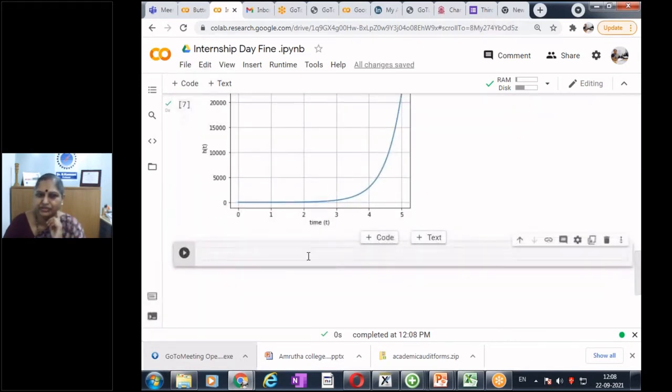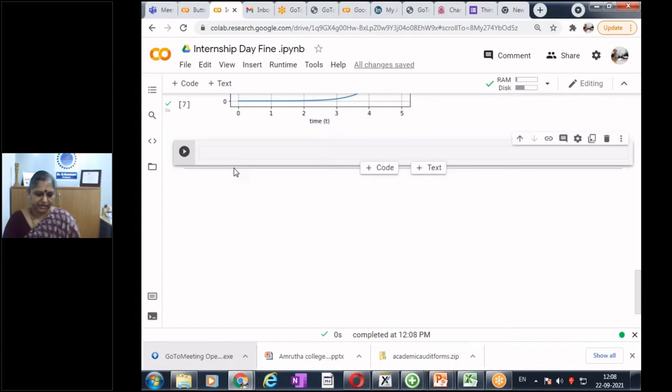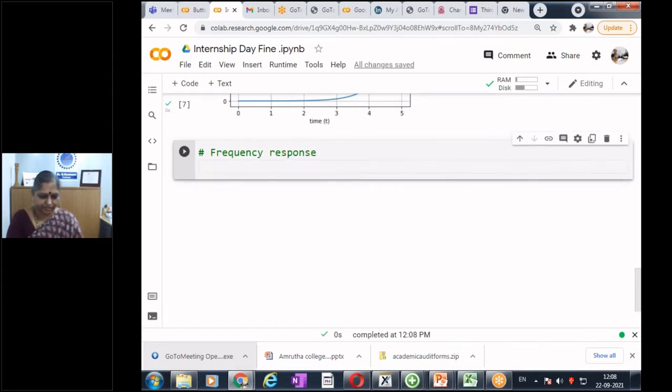So now let us try to do the same example. Let us do the magnitude response. That is the frequency response. Let us do the magnitude response first. What is the magnitude response?